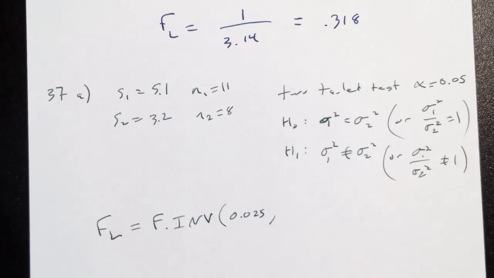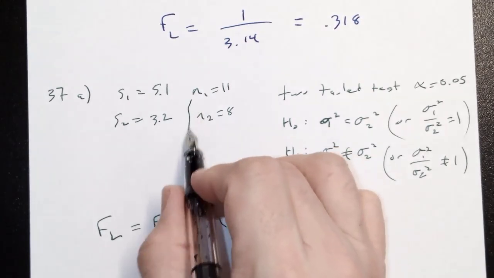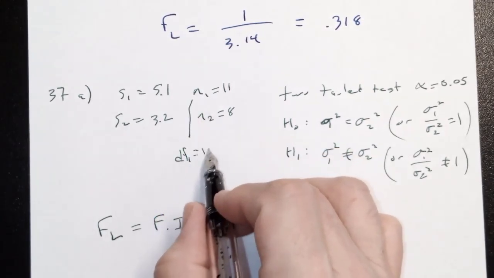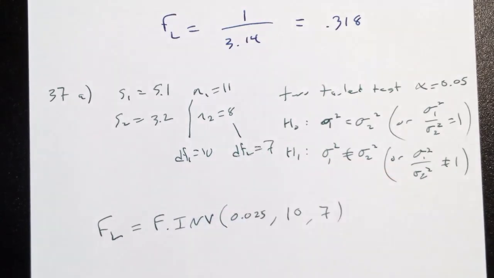What's my degrees of freedom 1? Right, and degrees of freedom 2? Perfect. So I'm going to go directly to Excel, and I'm going to calculate this.